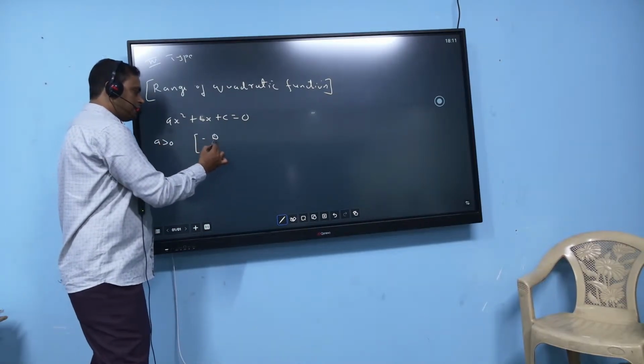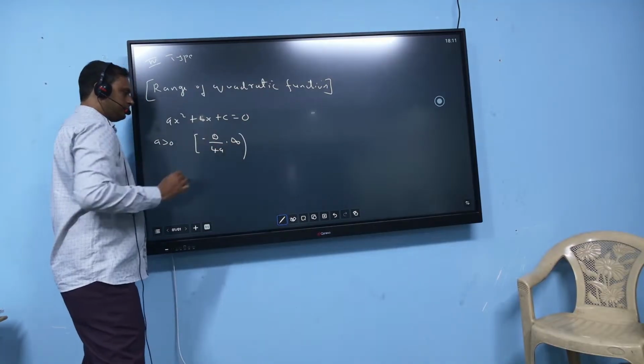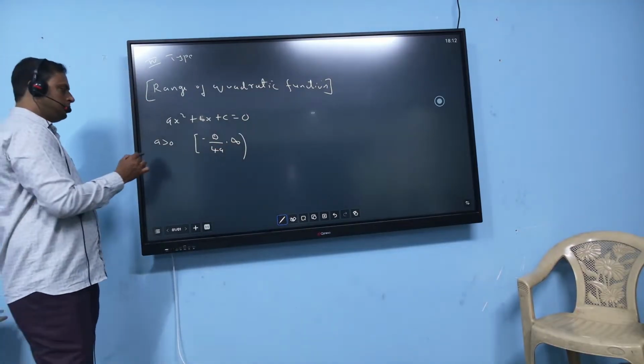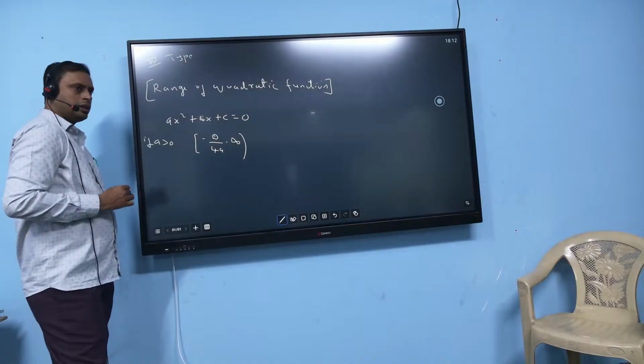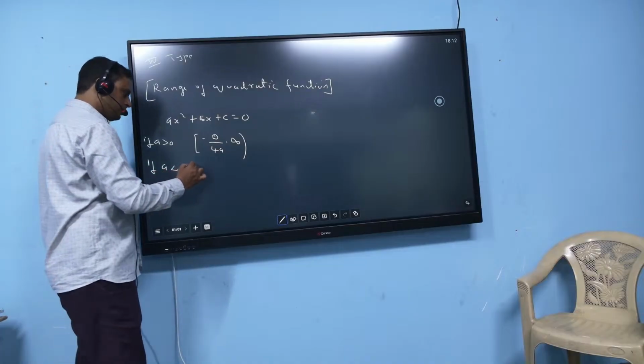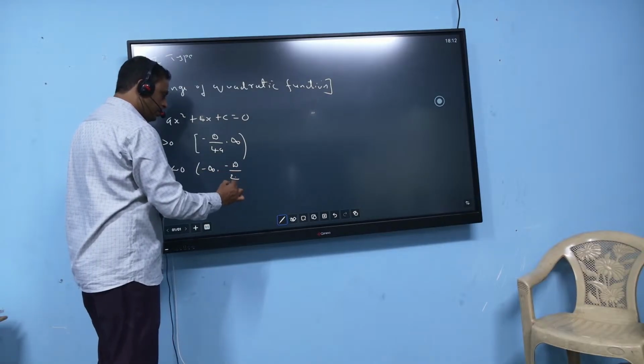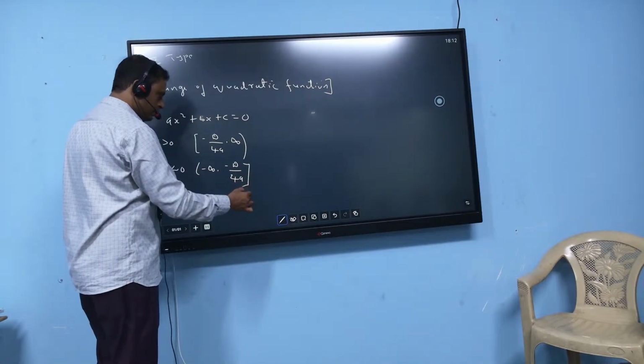minus D divided by 4a comma infinity, when a is greater than 0. If a is less than 0, minus infinity comma minus D divided by 4a.